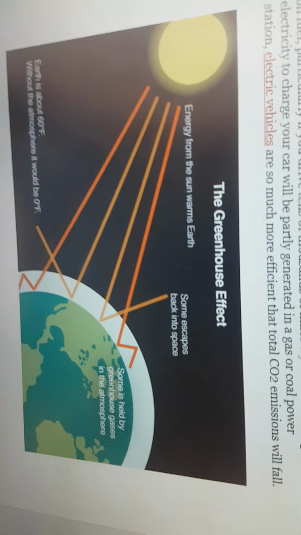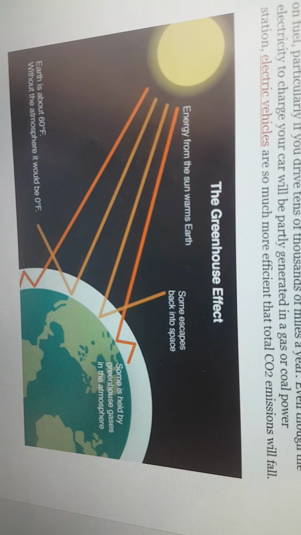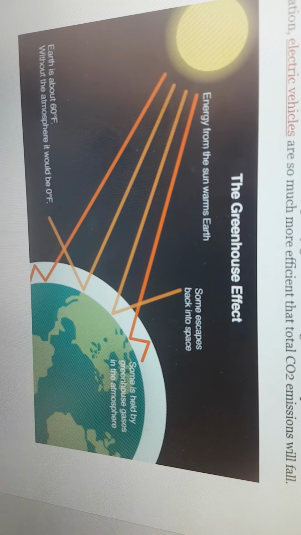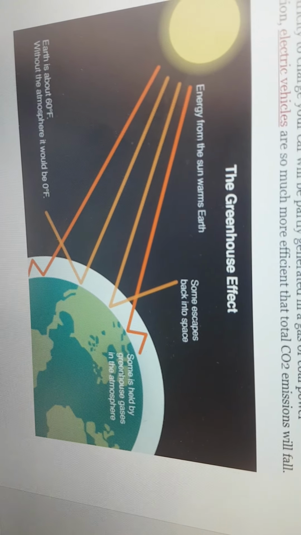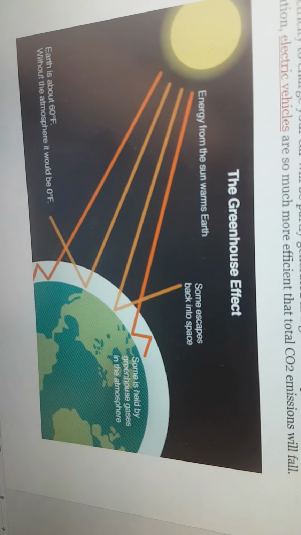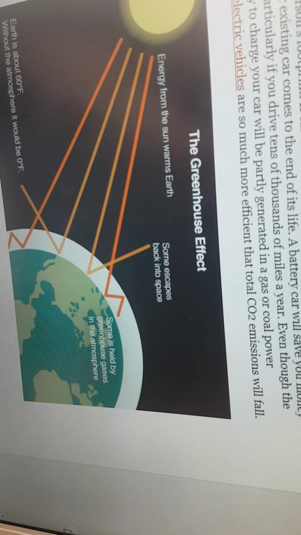As it is, the average temperature on the planet is 15 degrees. So it contributes a 33 degree rise. So it's a good thing. To an extent, of course. The trouble is we're having a little bit too much of a good thing these days. Now, I mentioned greenhouse gases just there. What are these greenhouse gases?